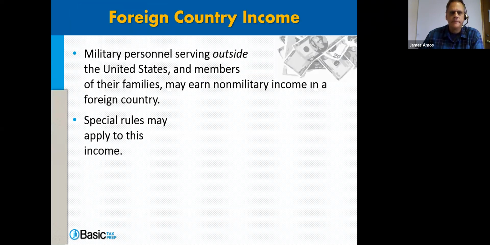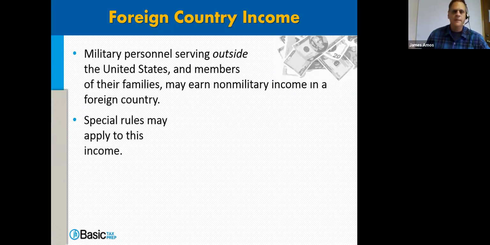Okay. Now let's talk about foreign country income. Military people that are serving outside the U.S. and members of their family may actually earn income from some other source. So let me give you an example. When I served in Germany with the Army years ago, I had some friends who were married, and their wives actually worked off base, just earning a little extra money.